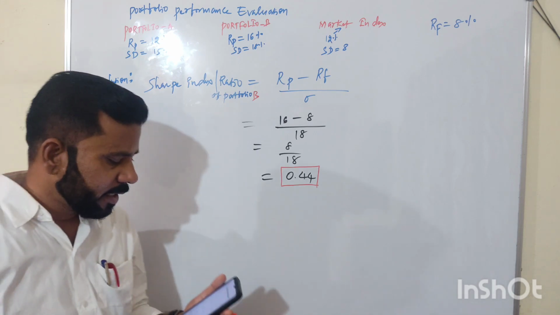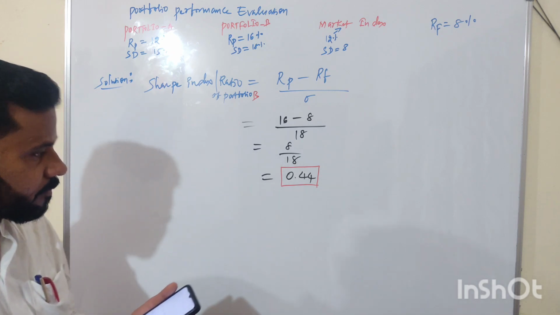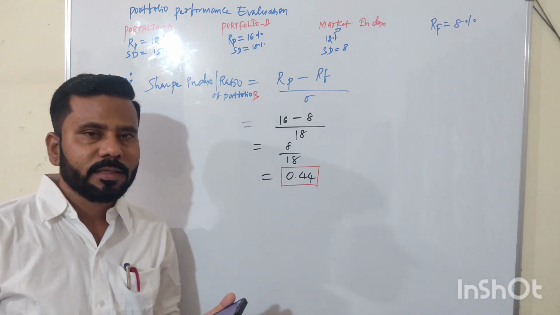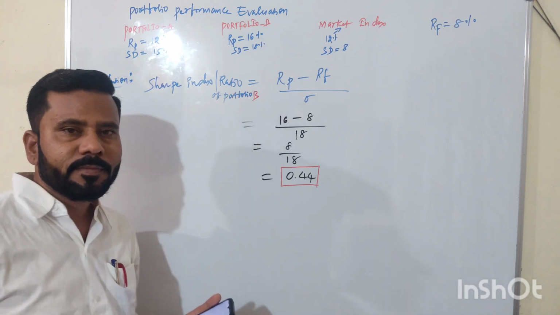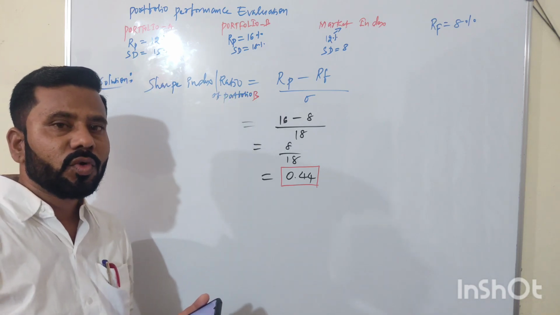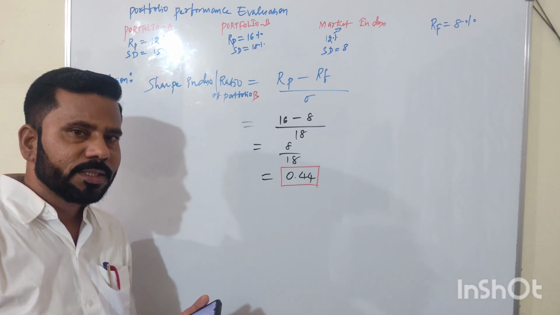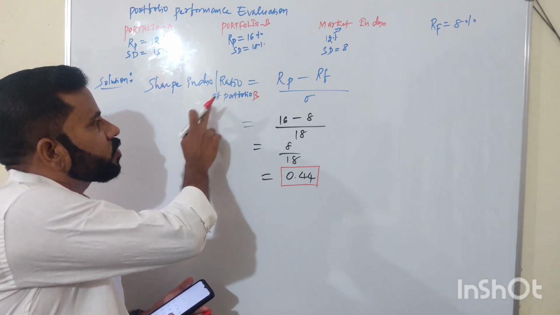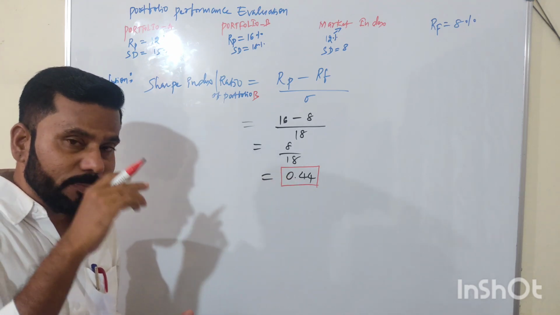Now you can easily make a comparison, isn't it? What was the answer of portfolio A? The Sharpe ratio of portfolio A was 0.27, and the Sharpe ratio of portfolio B is 0.44. Which is the highest ratio?